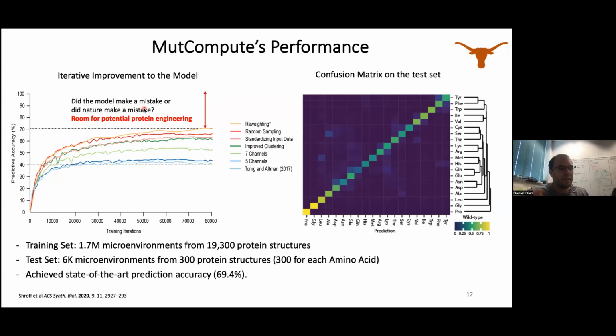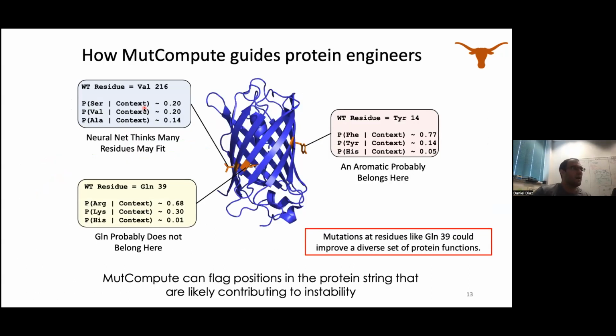So whenever the model does not predict wild type, is it maybe because wild type shouldn't be there? Maybe evolution hasn't gotten to the point yet to evolve this residue. So diving deeper into that, here are different types of mispredictions the model will make, and this is how we use them for protein engineering.